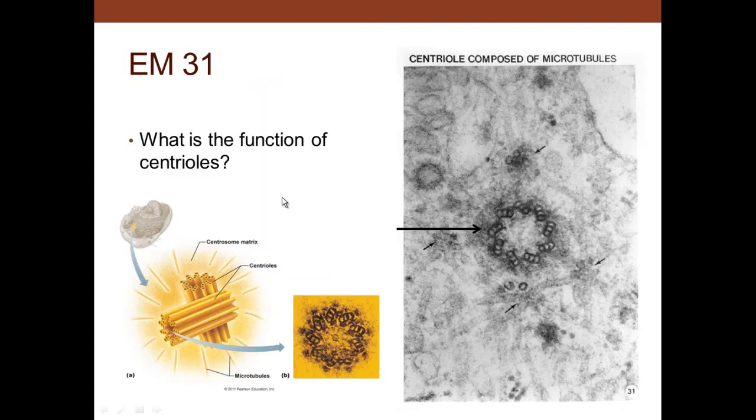And that brings us to centrioles. The function of the centriole is that they are the organizing center. They organize the microtubules that pull the chromosomes apart. And centrioles are composed of 9 triplets of microtubules and no central pair.